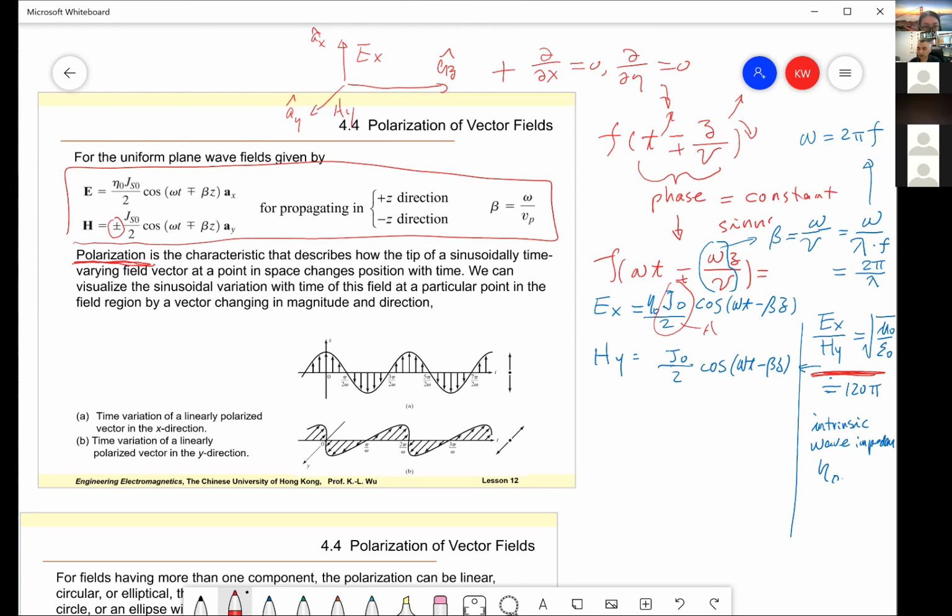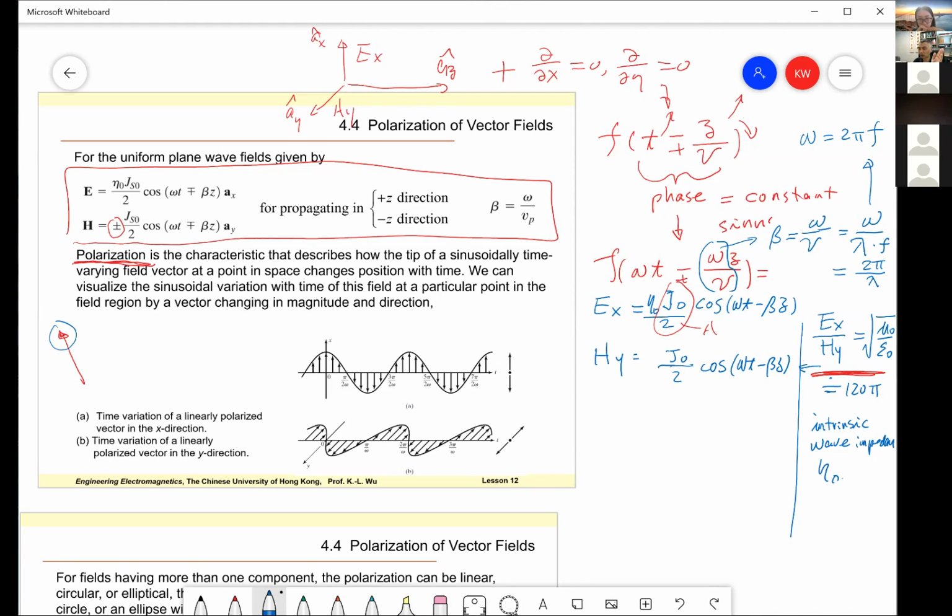What polarization means: for a vector field line, we have an arrowhead to indicate this is a vector. If we are dealing with an electrical or magnetic field that doesn't change with time, the arrowhead at a certain point in space never changes.